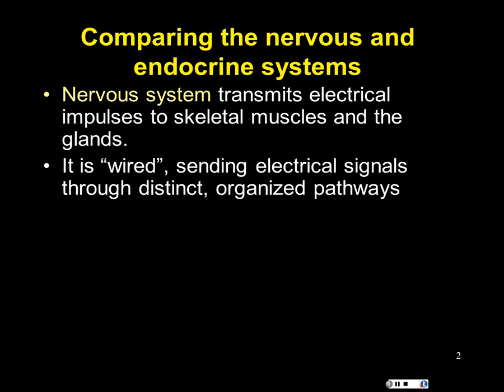You can kind of give it a brief name and call it like a wired system, if you will, because there are physical nerves, that axons that extend out towards the effector organ. When you go to anatomy, you could dissect something, you could find the nerves, and you know where the nerve started, you know where it ends. And so you can kind of call it a wired system.